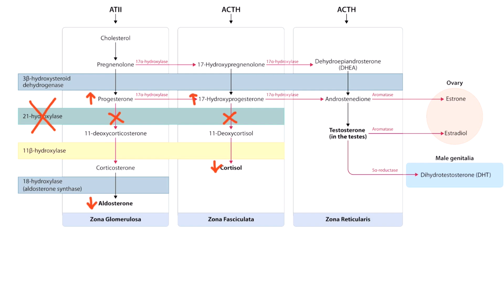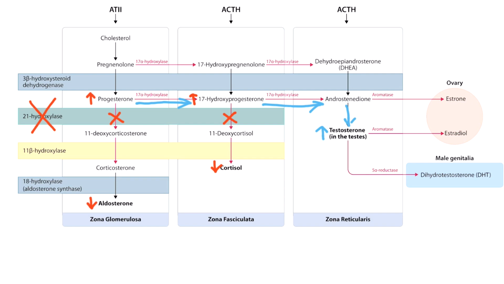Excess progesterone and 17-hydroxyprogesterone get shunted to the right of this pathway, where they're used to produce androgens like testosterone in the zona reticularis. Overall, the deficiency of 21-hydroxylase leads to a decrease in aldosterone, a decrease in cortisol, and an increase in androgens like testosterone.